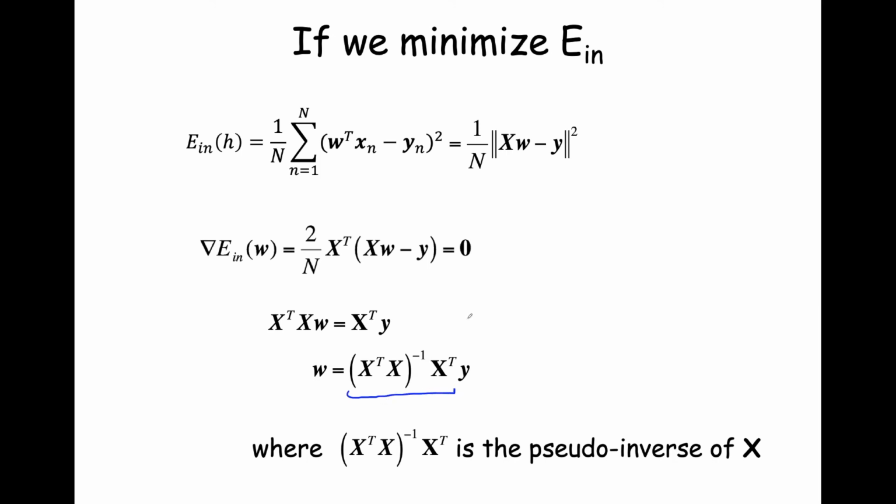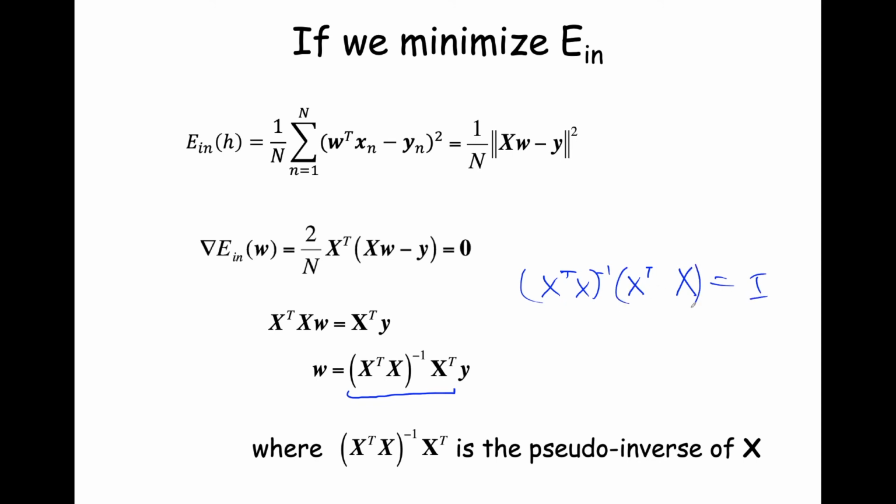It's called the pseudo-inverse of X because if I take that pseudo-inverse, X transpose X inverse times X transpose, and left multiply it with X, my design matrix, my result is identity. Why is that identity?